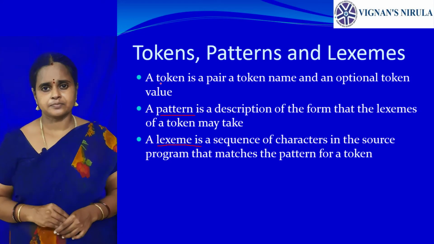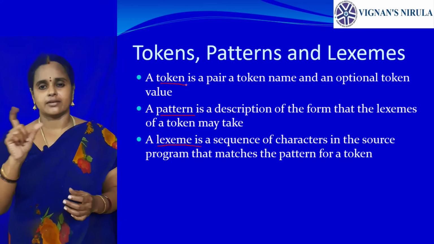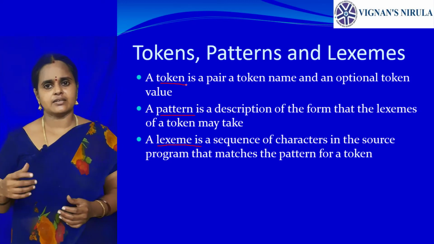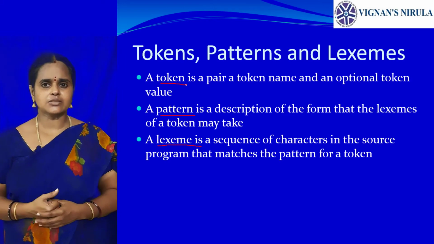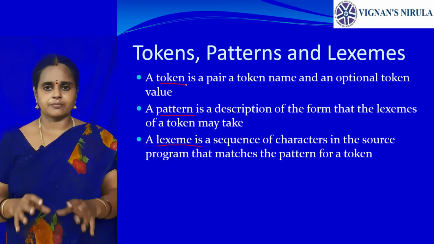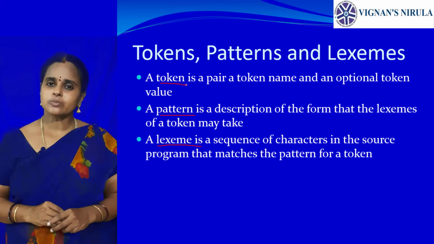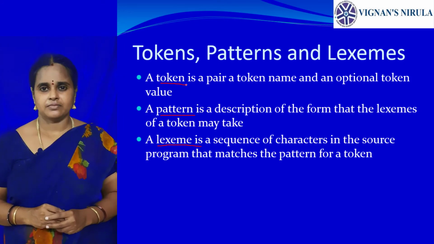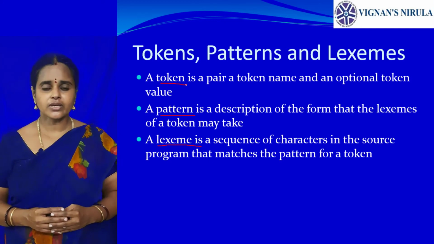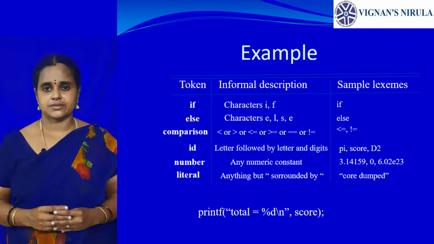Simply, if you purchase any goods, you get a token number, as shopping malls maintain. In the same way, our compiler is so smart that it maintains it in one token form. Within two angular brackets you can represent the token attributes. So this is the tokens, patterns and lexemes.